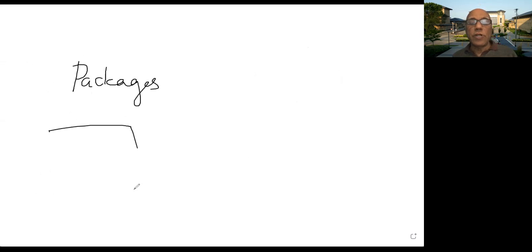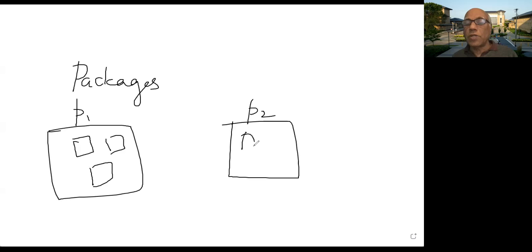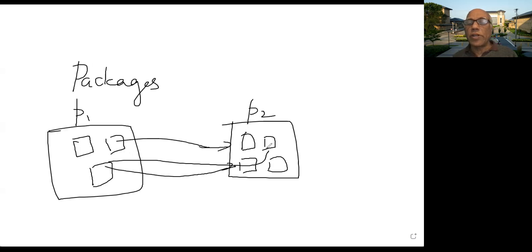That is, if you have a package P1 and a second package P2, and you have classes here, you have classes over here, you could have some classes here depend upon classes over here.